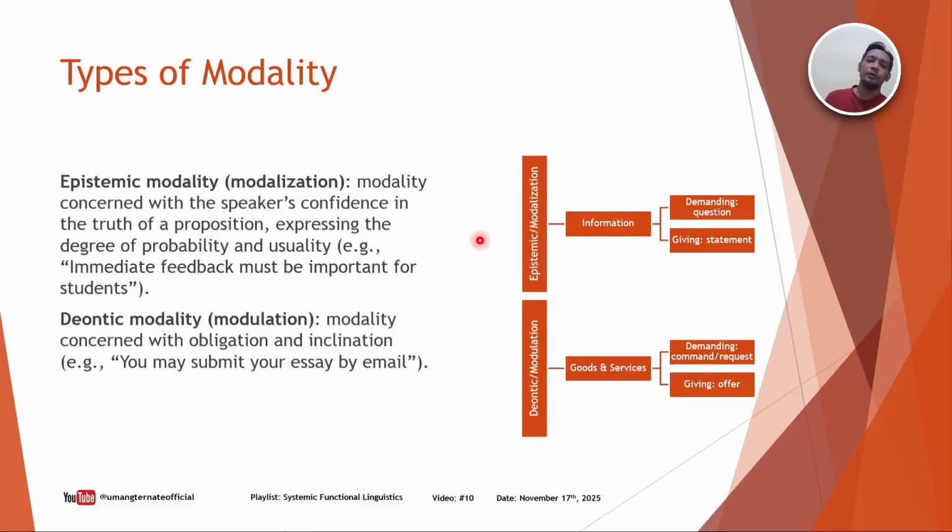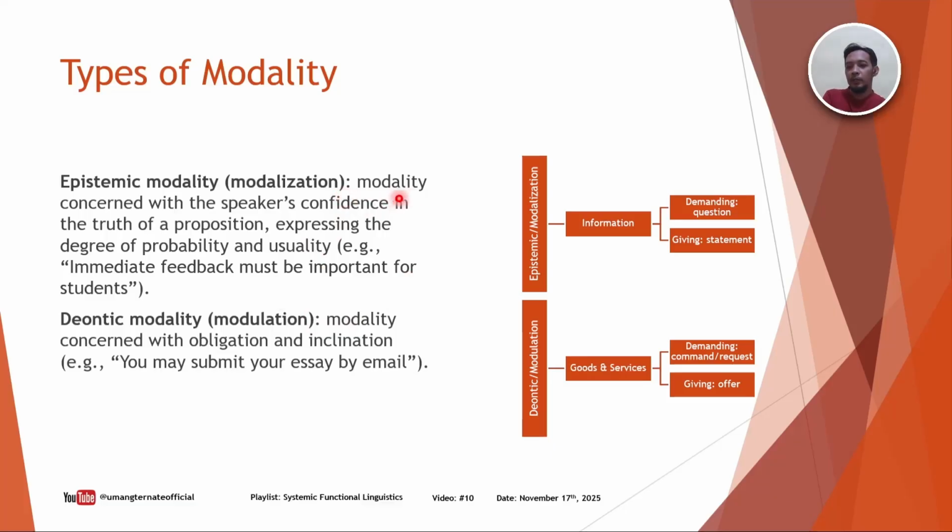In systemic functional grammar, modality is divided into two main types. They are the epistemic modality or modalization and the deontic modality or modulation. In general, they can be understood like these, written here.